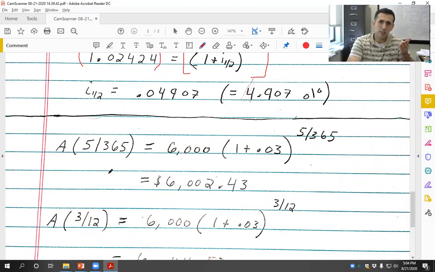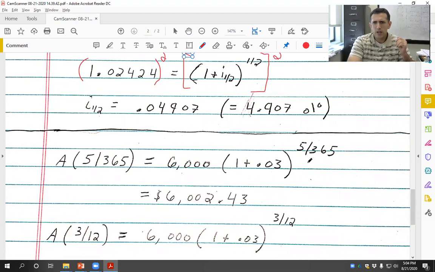That's a fraction of a year. Okay, so when we have an annual interest rate, t is treated as if it's in years. So we plug this fraction in for years, and just plug and chug, and you get 6,000 times 1 plus 0.03 to this fraction here, which is $6,002.43.